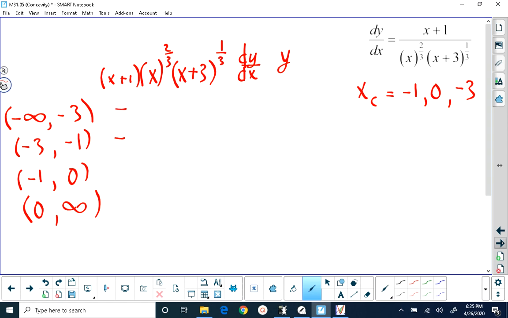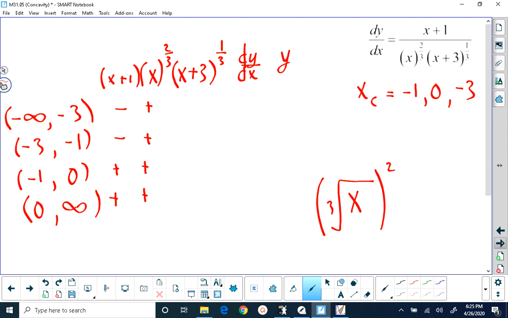X plus 1 is negative until we pass -1, after which it becomes positive. X to the 2/3 is positive everywhere because saying x to the 2/3 means you're going to take the cube root of x and square it. And even if x is negative, when you take the cube root of a negative, you will get a negative, but then when you square it, you will get a positive.